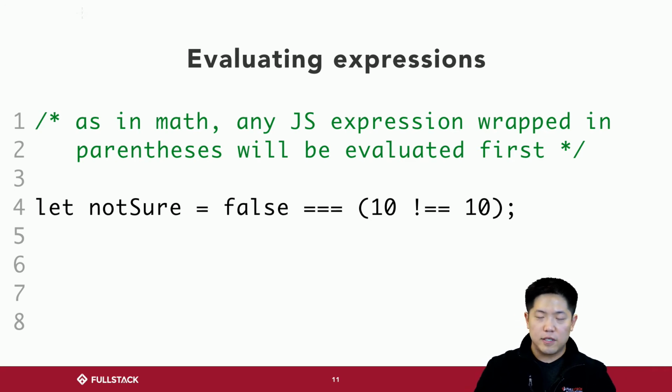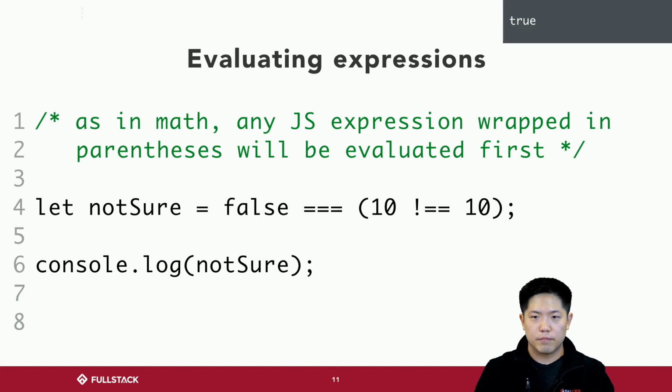Well, obviously 10 not equal to 10 is false, because 10 is equal to 10. And then that, in parentheses, evaluates to false, and then we have another evaluation that says, well, does false equal false? And that is true.